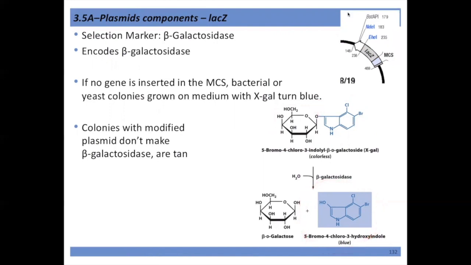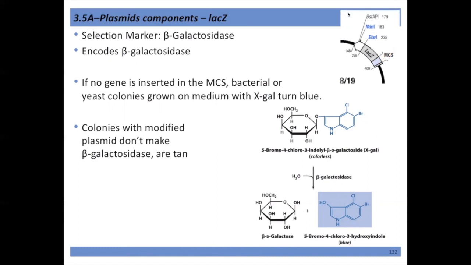So if I do nothing, I make colonies of bacteria that are blue. If I insert my new piece of DNA in here, it's no longer going to make the beta-galactosidase, and so the bacteria are just going to grow up and have kind of a tan color. This is often referred to as a blue-white screen.